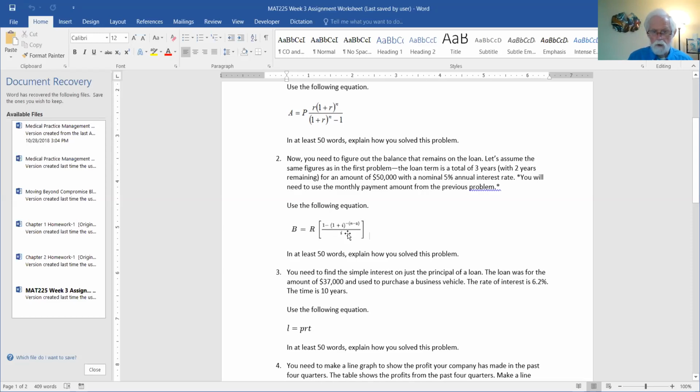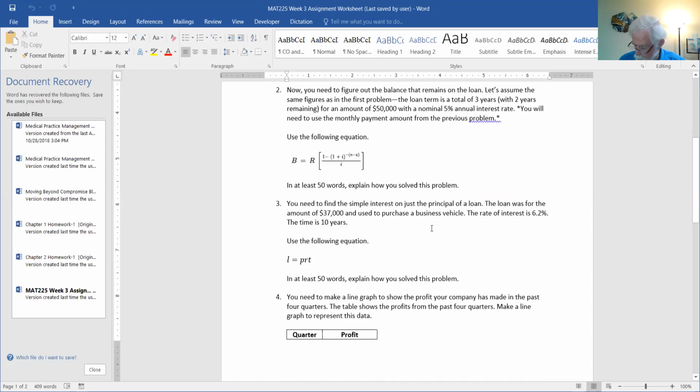So we simplify the material on the top of the fraction first. It's sort of like assuming that the top of the fraction, all of this, is in its own parenthesis. We have to solve and get this number at the top first. And then we solve for the balance.